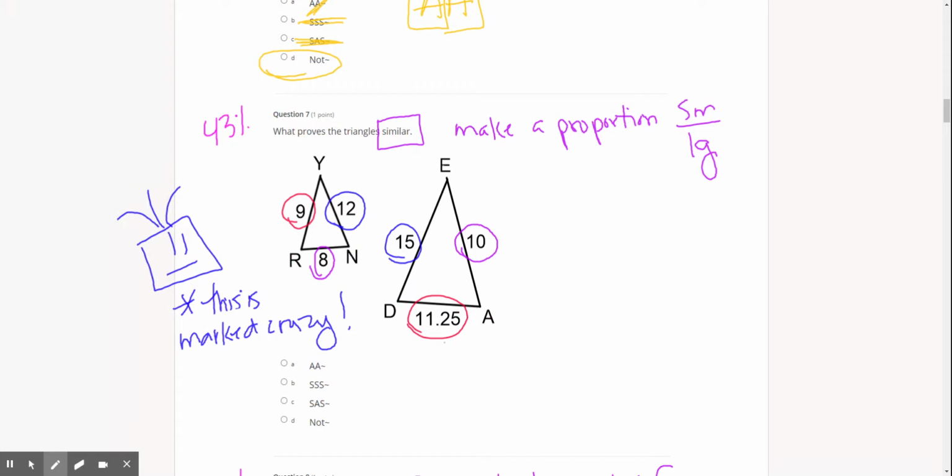So let's look at 7. This one makes me absolutely crazy because it is marked bizarrely, right? But if I still do my small over large, I got an unstable internet connection. If I lose you guys, let me know, okay? I'm going to always look for the small side first. So I marked those in what color?